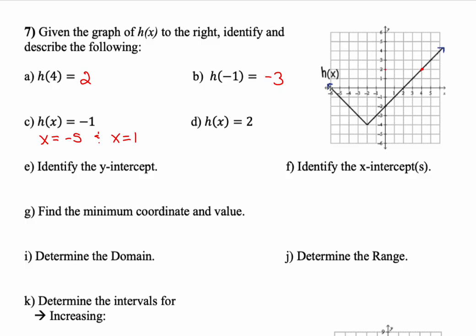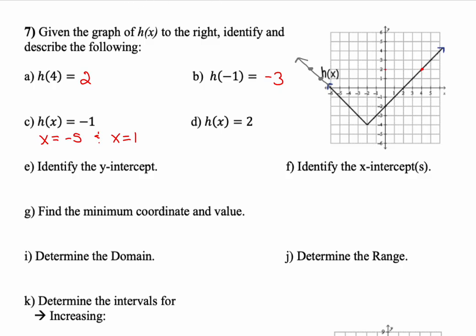So if we do that again, we're going to go up to 1 and then left to -7. Then we're going to do it again, up to 2 and then left to -8. So this is a continuation of this graph because this graph will continue.